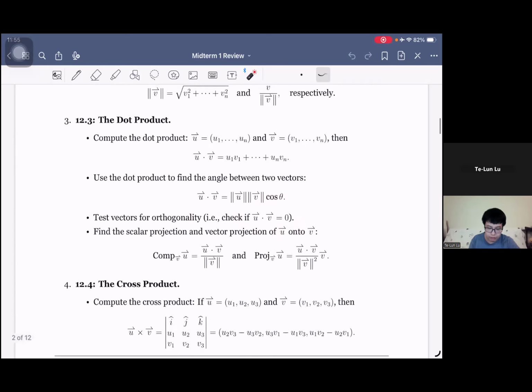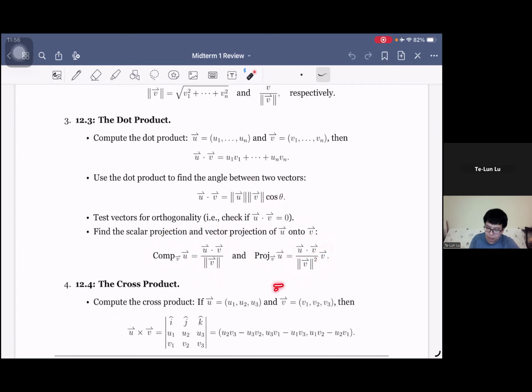And we also have this formula for the scalar projection and the vector projection of u onto v. I believe I haven't introduced this notation, and I will not use it in the midterm because I don't really see it that much in the standard textbook. So basically, this is the scalar projection. The projection vector is actually u dot v divided by the magnitude of v squared, times v, right?